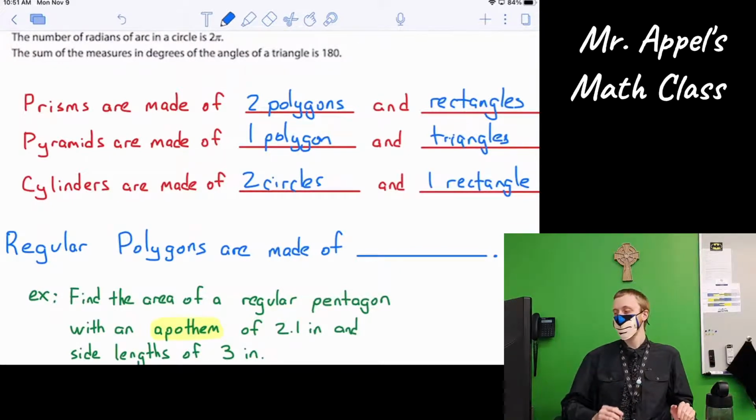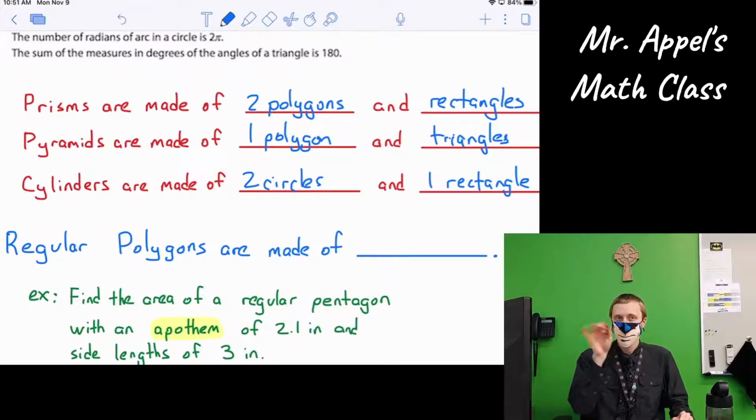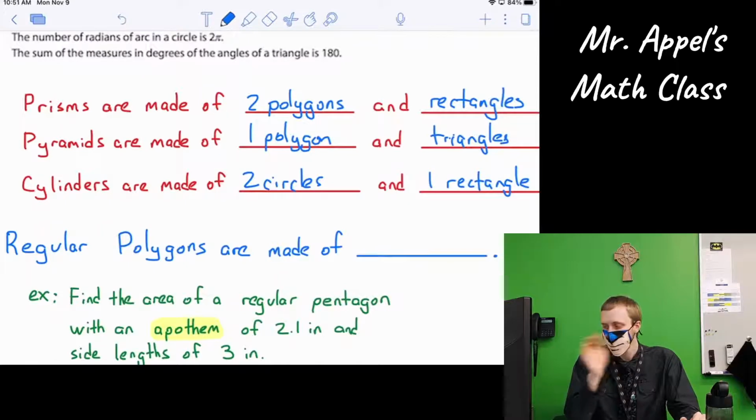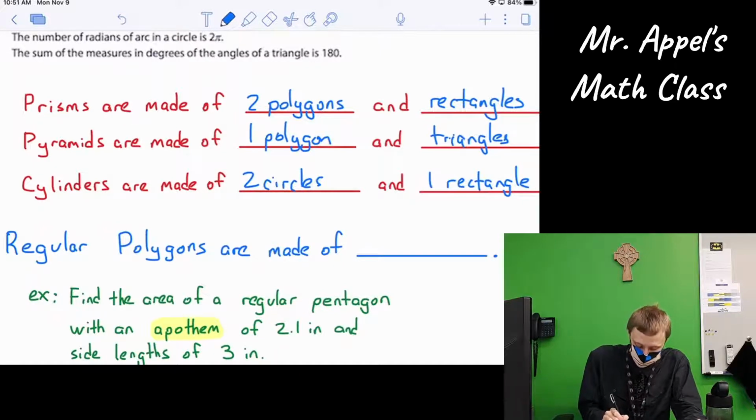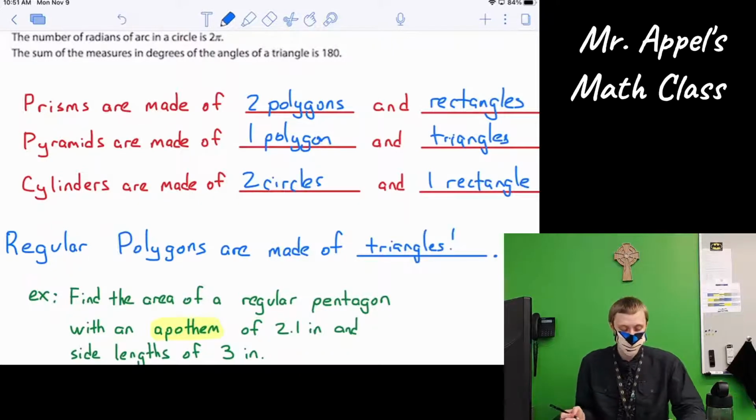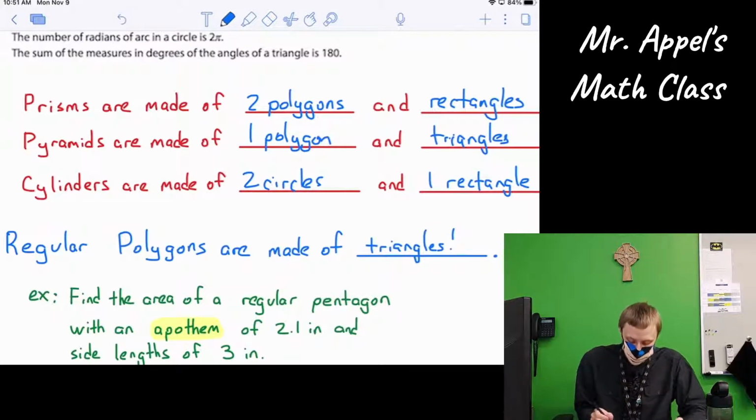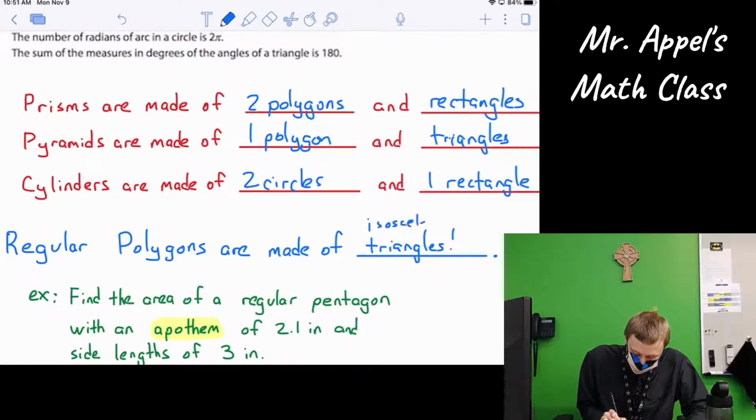Remember when we looked at the diagonals and finding the interior angles? What did we break all the polygons into? Triangles. Every polygon is made of triangles. And in the case of regular polygons, well, we get even better. We get isosceles triangles, which is pretty handy.